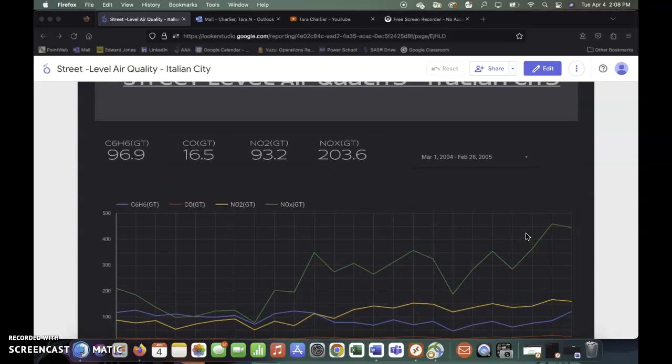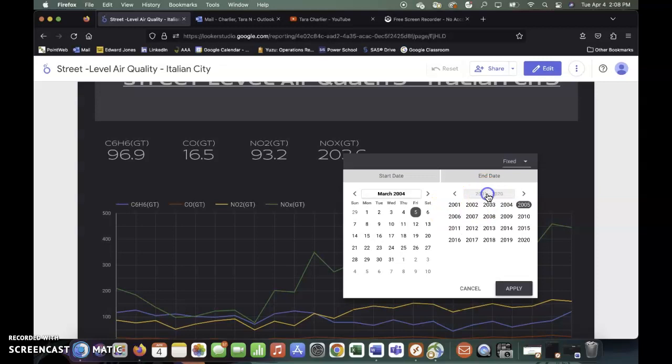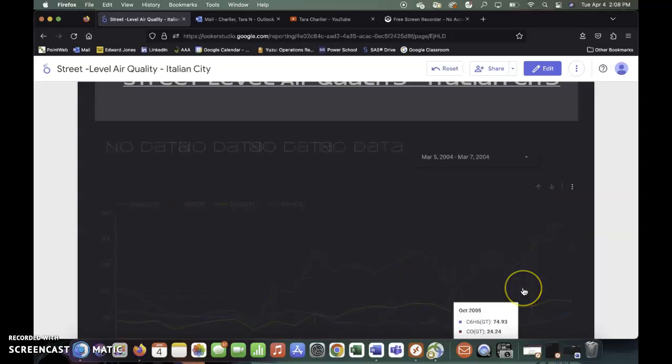So if you had, say, a festival or something going on in your town over the weekend, and you thought, okay, let's see if it went from Friday to Sunday, let's see what effect that had on the air pollution.